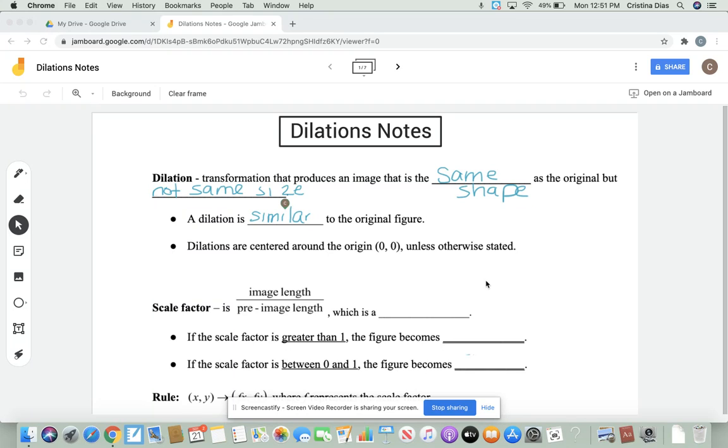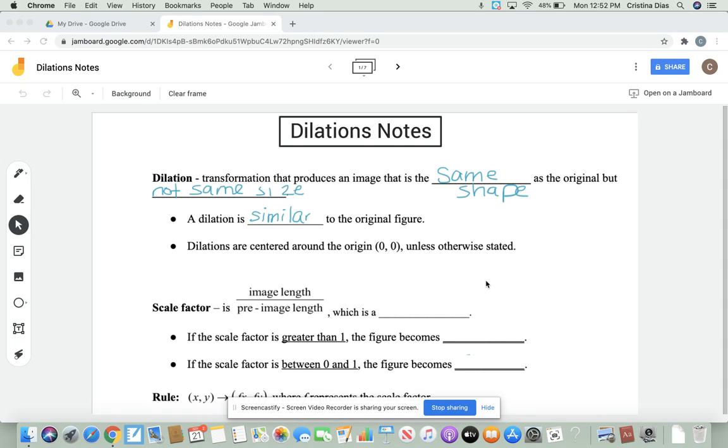So this is different from the transformations that we learned previous to today because each of those were rigid, again, meaning that they produced a congruent figure. And dilations do not produce a congruent figure. Instead, it produces a similar figure. So another important thing to note is that dilations are centered around the origin, 0, 0, unless otherwise stated.